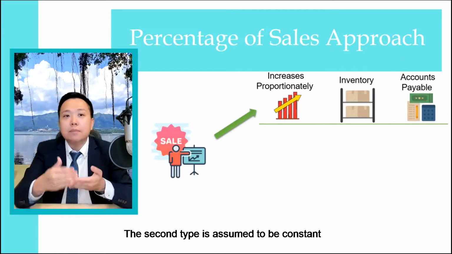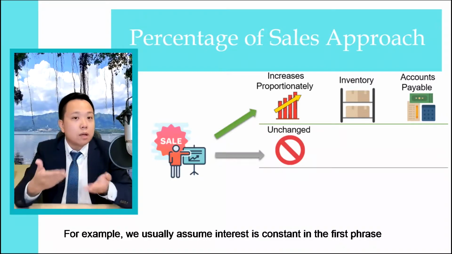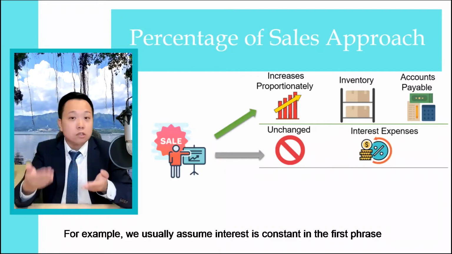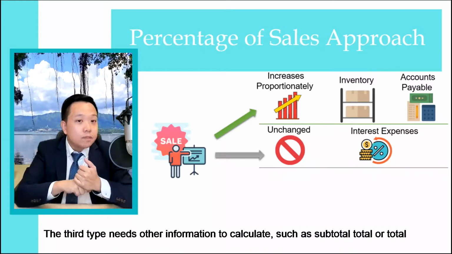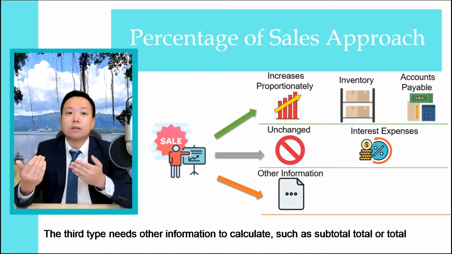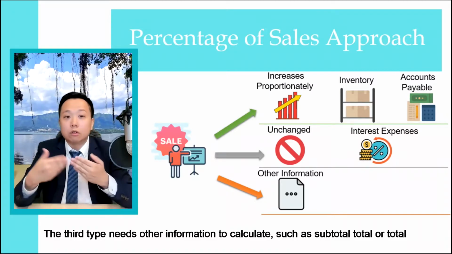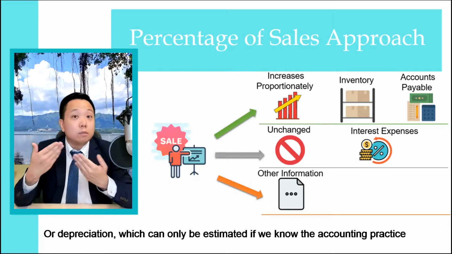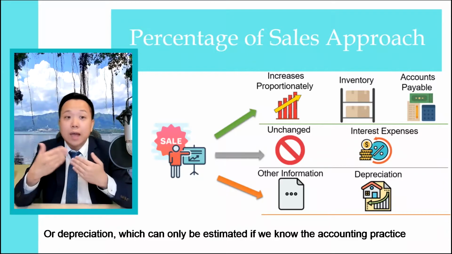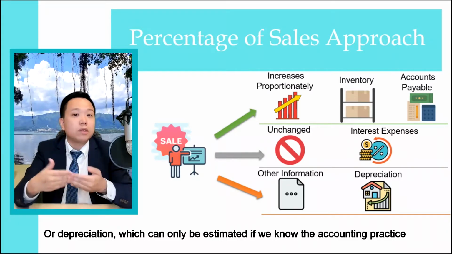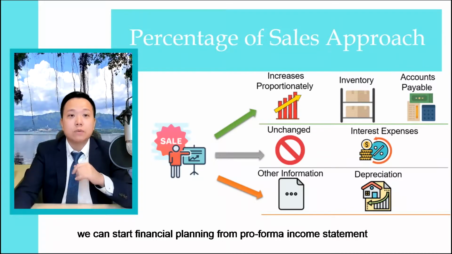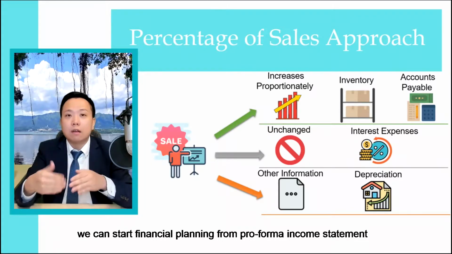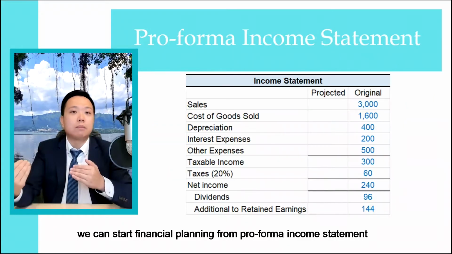The second type is assumed to be constant. For example, we usually assume interest is constant in the first phase. The third type needs other information to calculate, like subtotals or totals, or depreciation, which can only be estimated if we know the corresponding accounting practice. After we set all the assumptions, we can start our financial planning from the pro forma income statement.